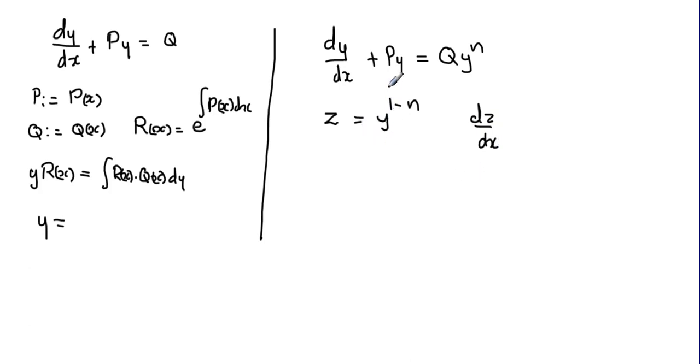As you can see, y according to this is a function of x, and if we define z in terms of y, it's clear that z is also a function of x, so we can say dz/dx.